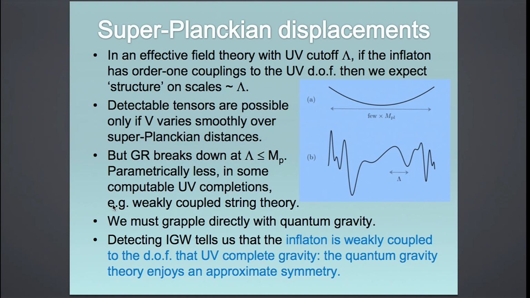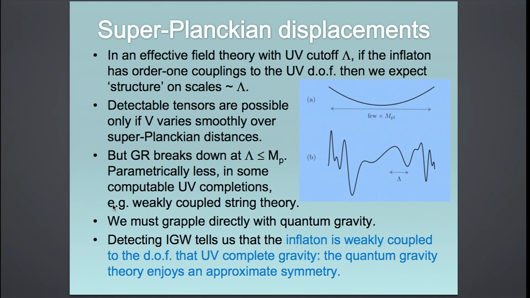On the other hand, we've seen that in an effective field theory in which the light field, the inflaton field phi, has order 1 couplings to the degrees of freedom of the UV completion, you get structure on scales of order the cutoff. And you can't just make the problem go away by saying, well, I'll just take the cutoff to be much larger than the Planck scale, because gravity behaves badly already at that scale. So GR breaks down at or below the Planck scale, and the "or below" is important.